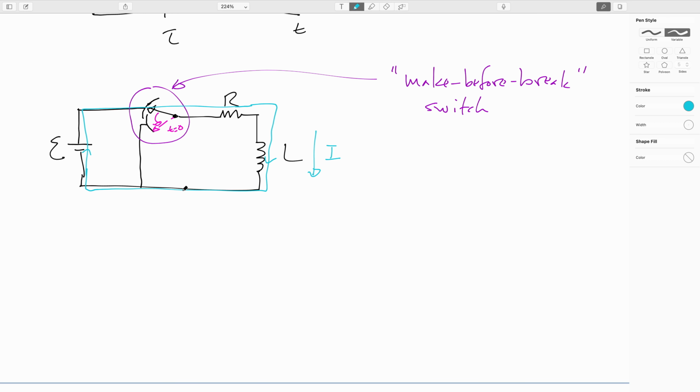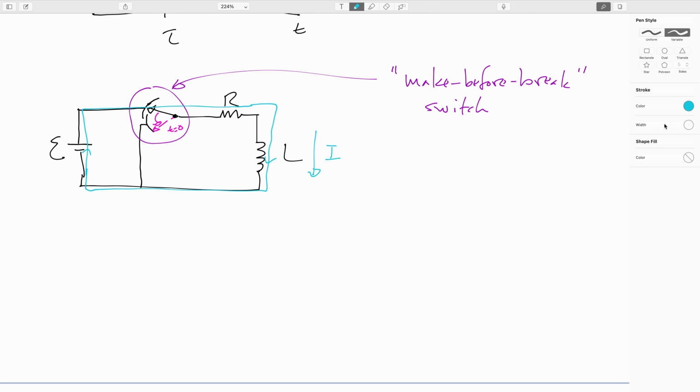And this can be deadly, depending on the size of the inductor involved. So this is something you very much do not want to have happen. Whenever you're designing a circuit like this, you absolutely have to use a make before break switch so that there is always a connection to something and you don't jump that spark.